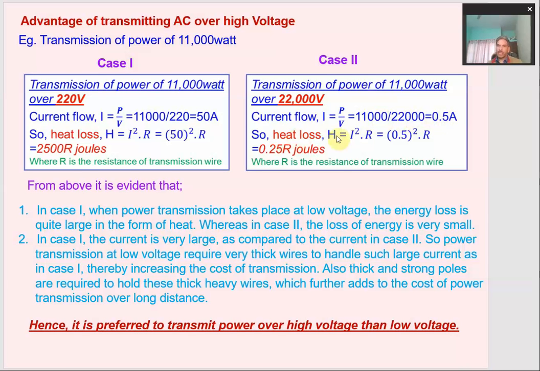In that case the energy loss is quite low. For holding this small current we require even a thin wire, which is comparatively economic, and it also becomes easy to transport the electric energy.